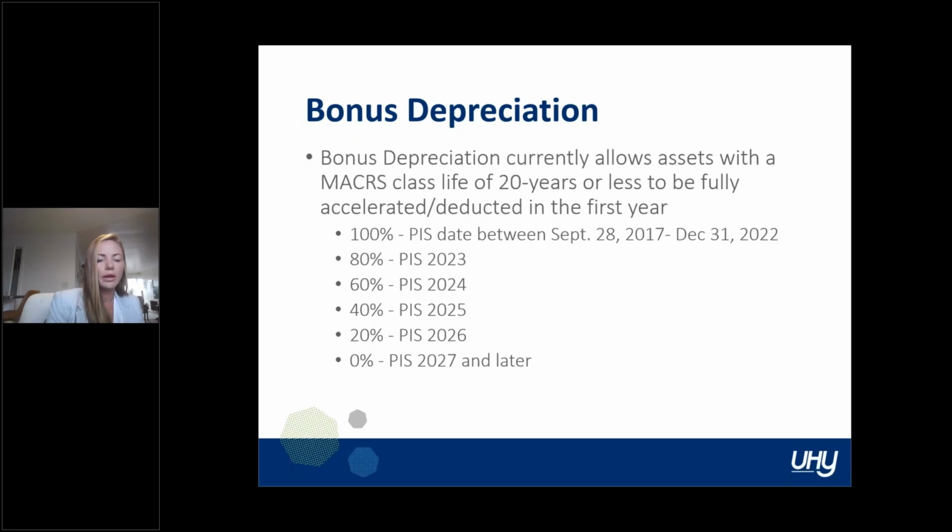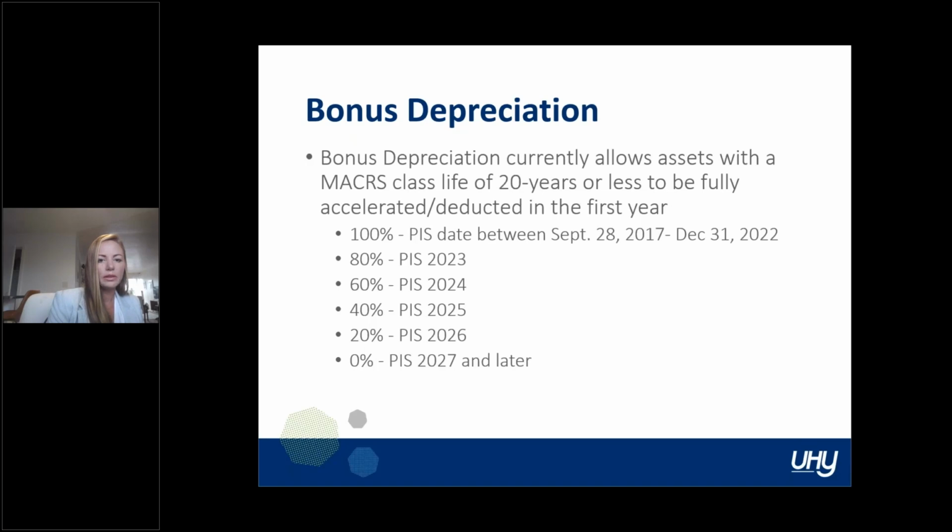So right now, the IRS has some rules in place for bonus depreciation. So the placed in service date for 100% bonus depreciation qualification is between September 28th, 2017 and December 31st, 2022. So once we hit January 1 of next year, which is 2023, bonus depreciation will decrease by 20% each year following until it reaches 0% in 2027.